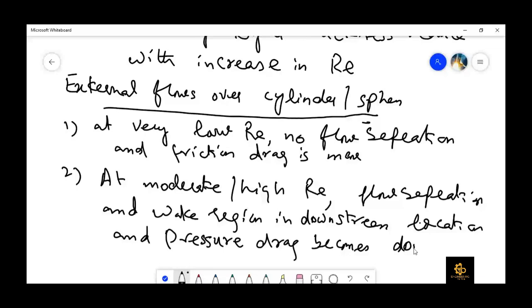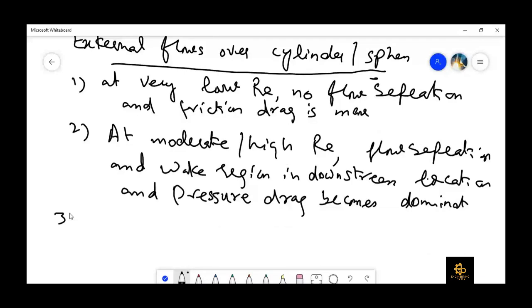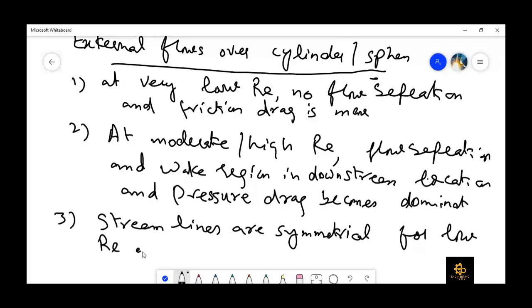Then again, streamlines are symmetrical for low Reynolds number and non-symmetrical for high Reynolds number.